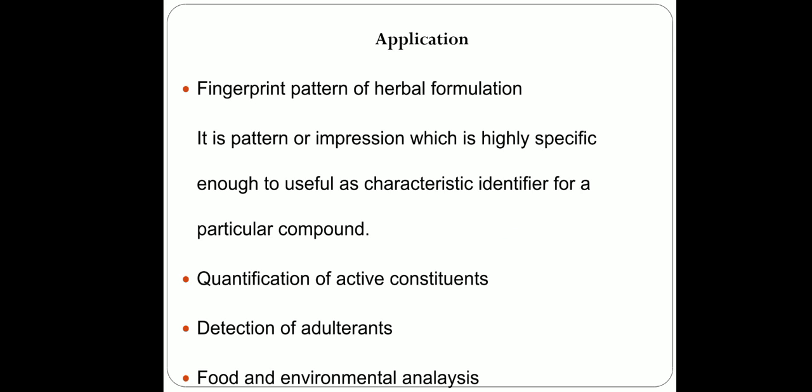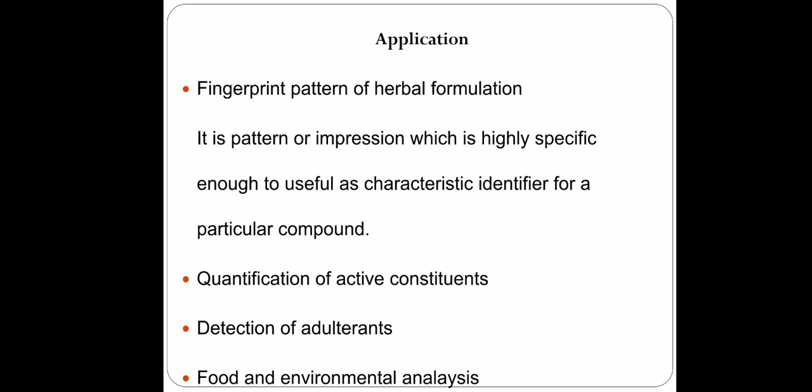Then the second application is quantification of active constituents; quantity can be measured. Third, detection of adulterants and impurities, and fourth is food and environmental analysis. The environment may be polluted with many samples, and those pollutants can be identified; food may be adulterated with many substances, and that adulteration can be detected by HPTLC.